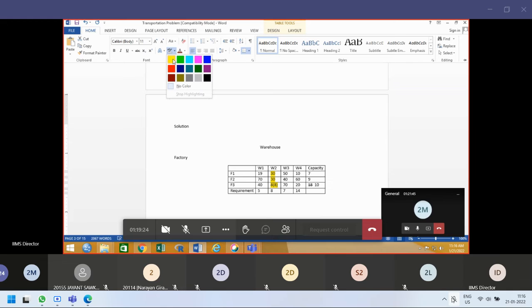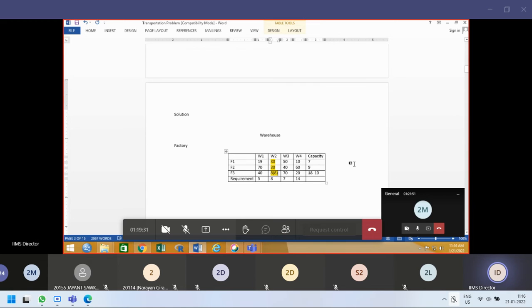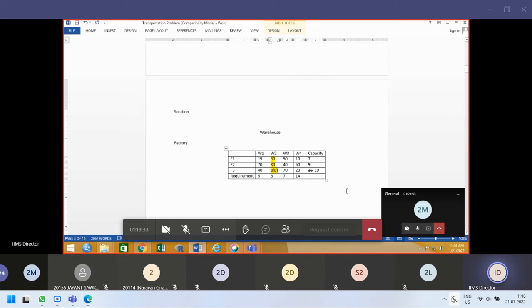Like this I will use. This way I can use. Now, is it clear up to this? All are with me? Yes, sir. What I did, I selected the minimum element from the entire cost matrix. And again, I'm repeating, capacity and requirement is not part of the cost matrix.